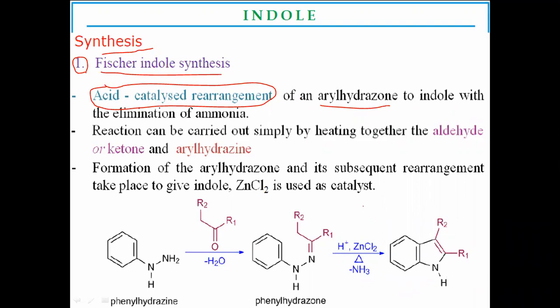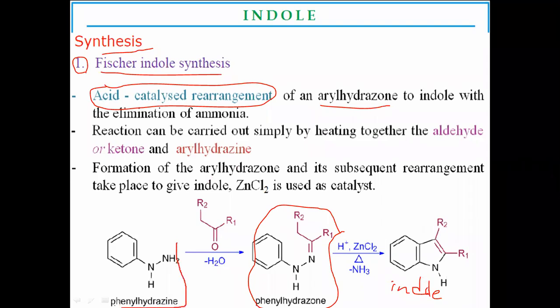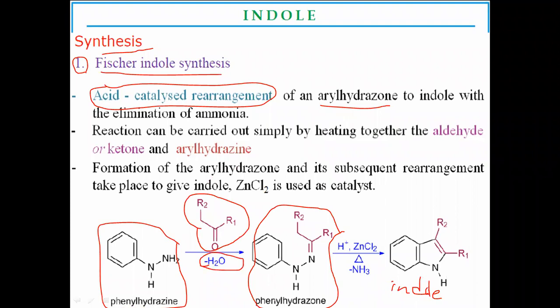This is the intermediate formed during the rearrangement reaction, followed by liberation of ammonia to form indole as the final product of Fischer indole synthesis. Here, this reaction is generally carried out with aldehydes or ketones. They react with phenylhydrazine, the starting material. The phenylhydrazine reacts with aldehyde or ketones by loss of one water molecule. They form the phenylhydrazones.